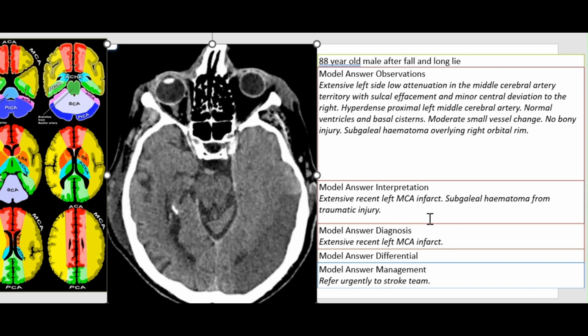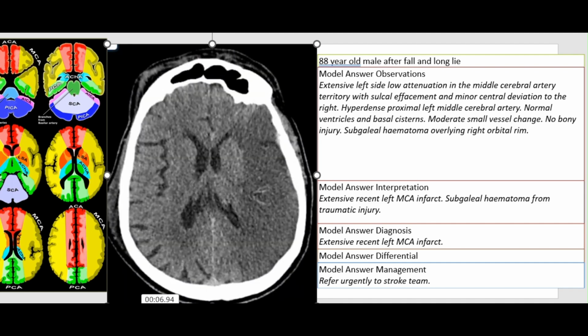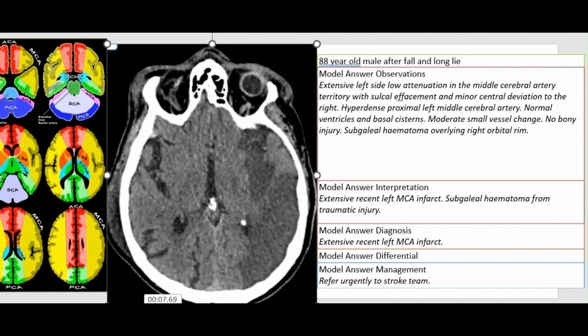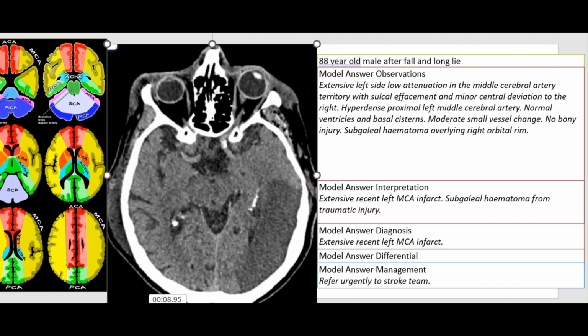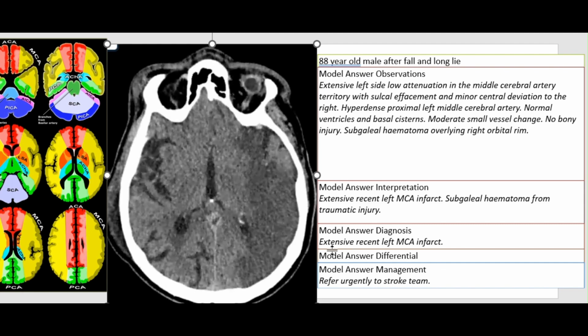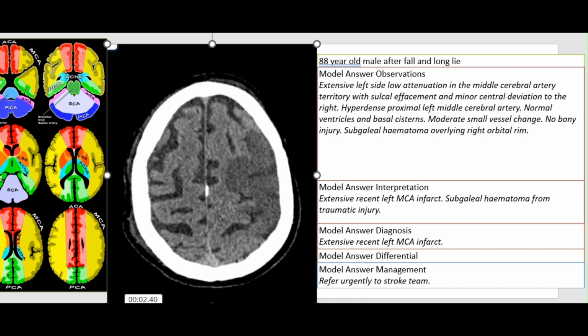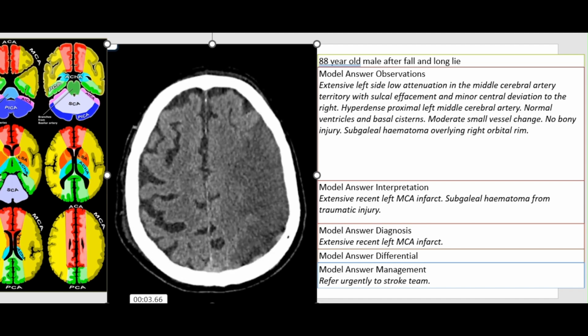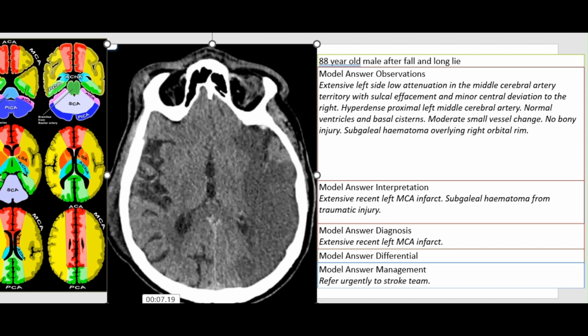So the diagnosis here is extensive recent middle cerebral artery infarct. Extensive recent middle cerebral artery infarct along with the subgaleal hematoma. The subgaleal hematoma here is usually from the traumatic injury.